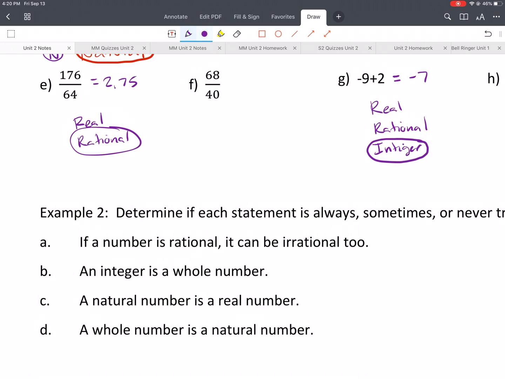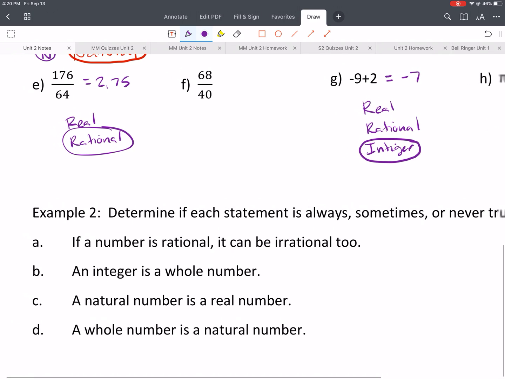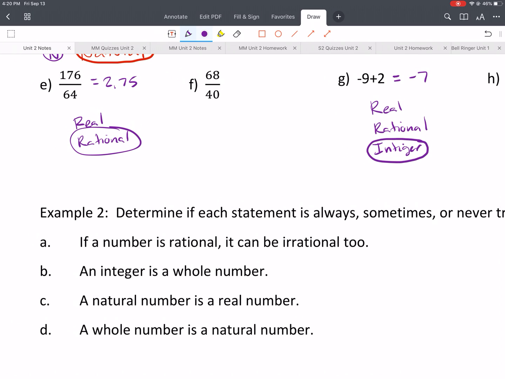Example 2. Determine if each statement is always, sometimes, or never true. Okay, so pause and see if you can answer these before I go over them. If a number is rational, so an example of a rational would be something like 1/2, or it could also be something like 2.